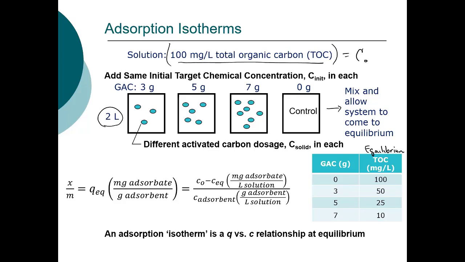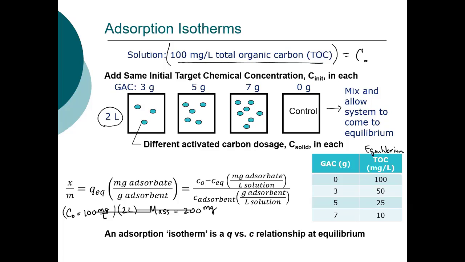And we can determine then the mass of TOC that is adsorbed per mass of carbon. So for example, if we start at this 100 milligrams per liter, and we have 2 liters, that means the mass initially is 200 milligrams.